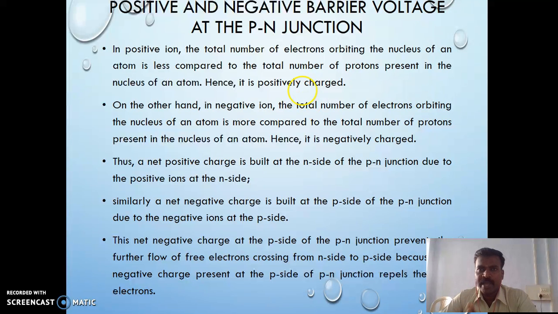The positive ion works as a positive barrier voltage, which means it won't allow any holes from the P-type region to the N-type region. And in the P-type semiconductor, the negative ions work as a negative barrier voltage, which means it won't allow any further flow of electrons from the N-type region to the P-type region.